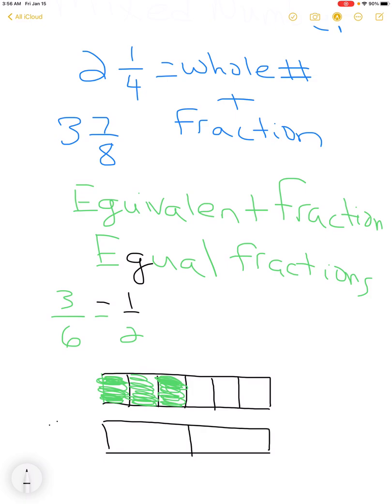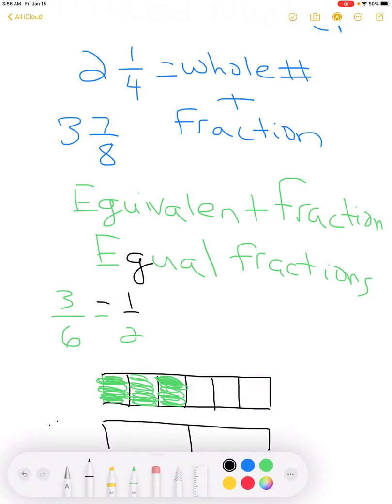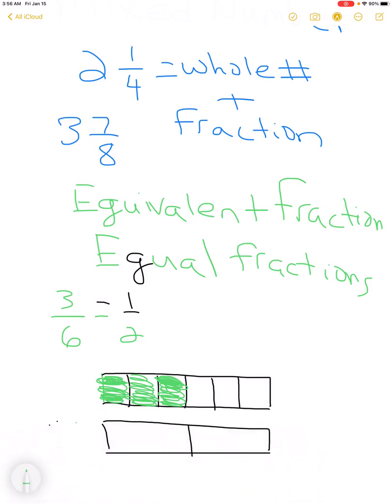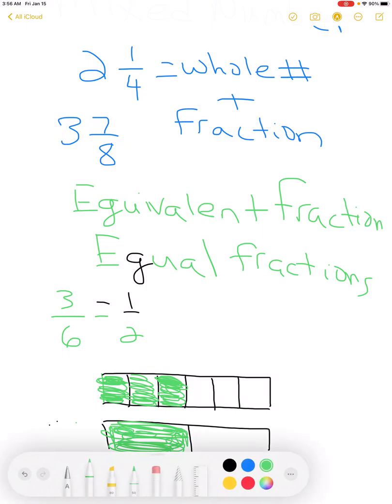Okay, we have 2 parts, 1, 2. Now, because the numerator is 1, we have to shade in one of those parts. So let's shade it in.